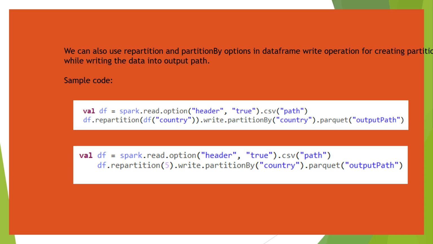If you see the sample code here, in the first line we are reading a CSV and then repartitioning based on the country. Country is the column name in the example data I have taken. For example, if you are taking an employee database, you can partition based on the department column.